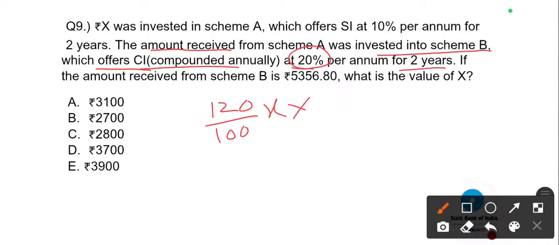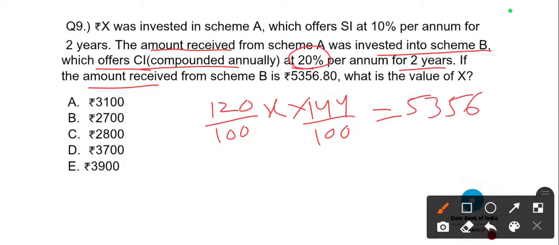So for 2 years, 20% means 44 percentage, and talking about the amount received, it will be 144 divided by 100. It is given that 53568 divided by 100.